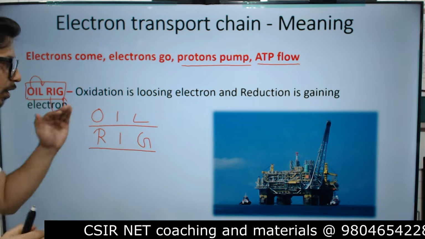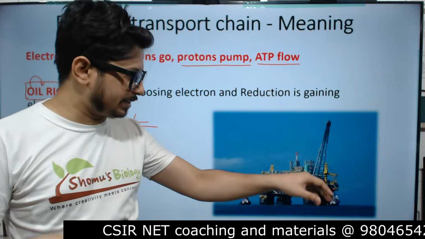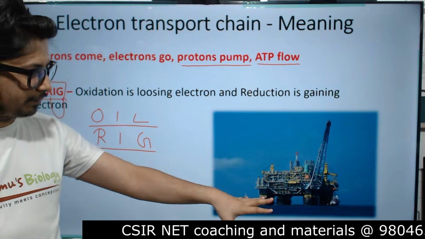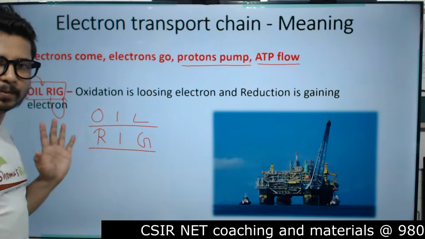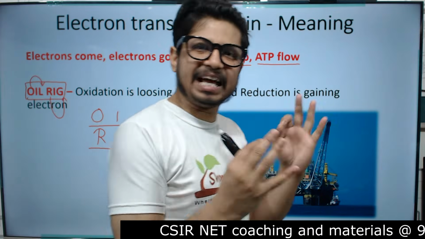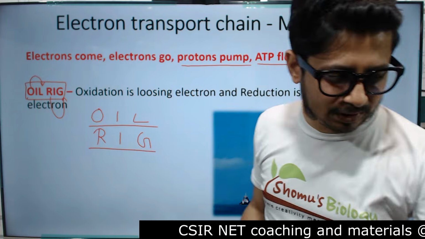Okay, remember that. Oil rig. Oil rigs are placed in the ocean to pick the oil out from it. So that's how you can remember these very basic lines for the electron transport chain.